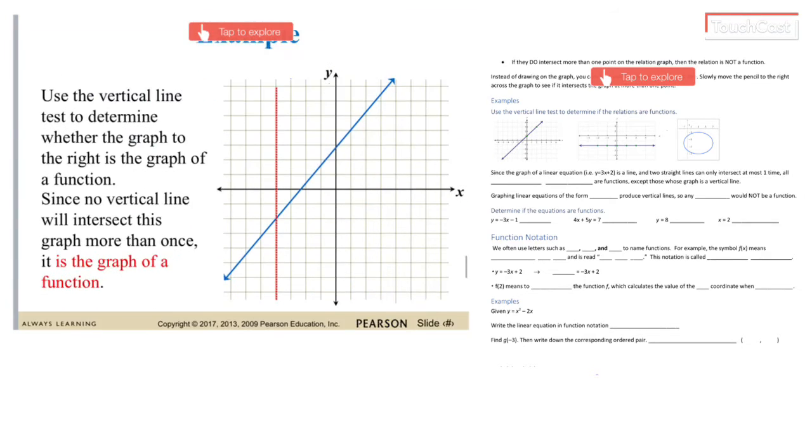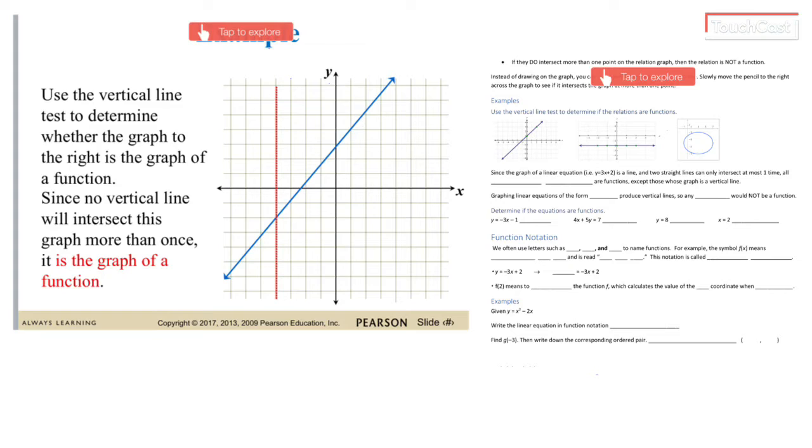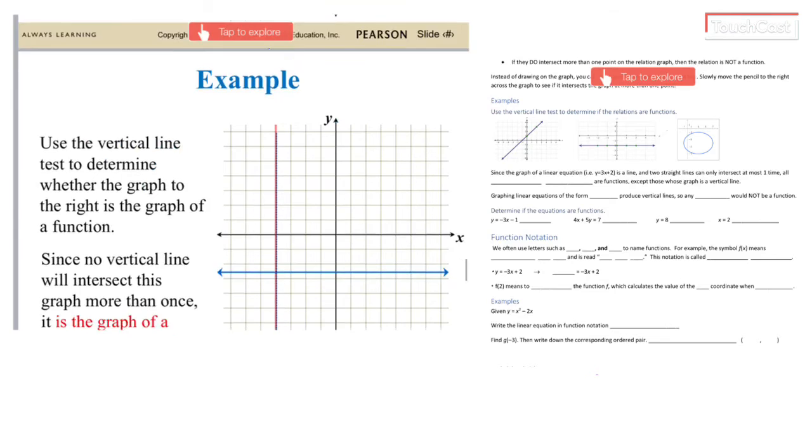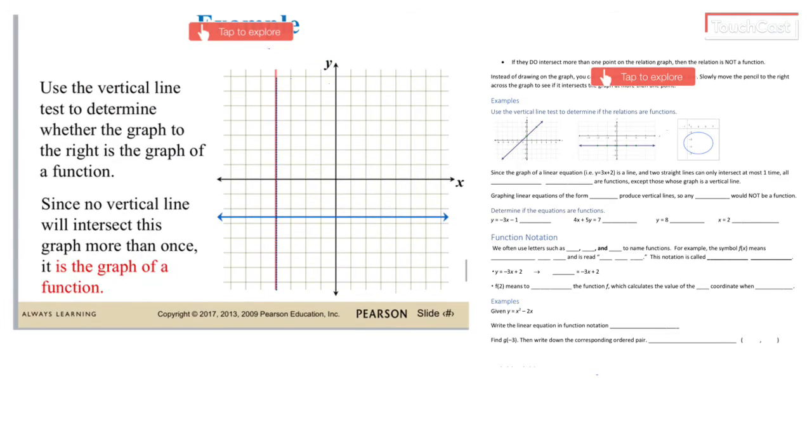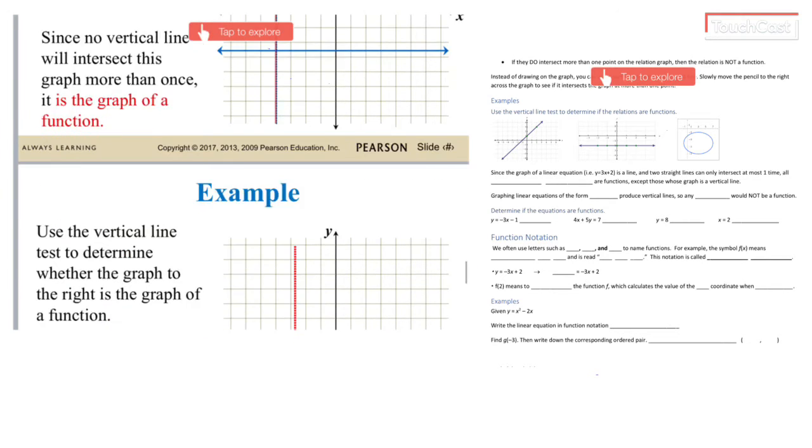So we see on this first one that yes, this is a function, because even if I move to the left and to the right, a vertical line is only going to get intersected by this blue line one time. The second one also is a function, because no matter what, if I move that vertical line, that red one, along that blue one, it's only ever going to intersect each other one time.